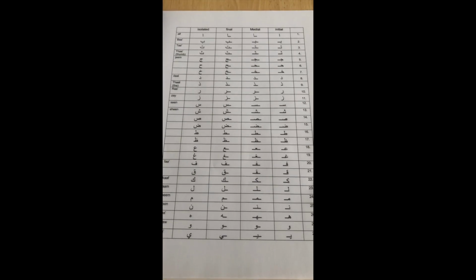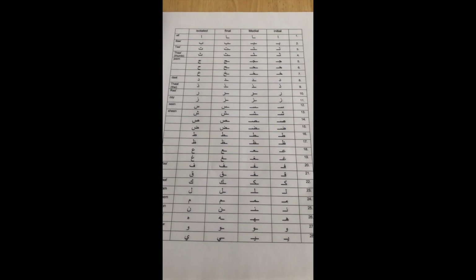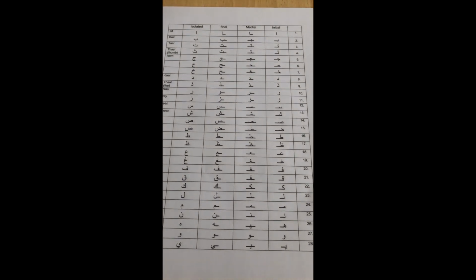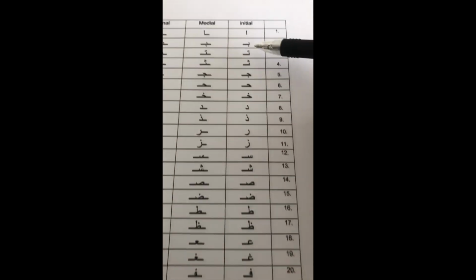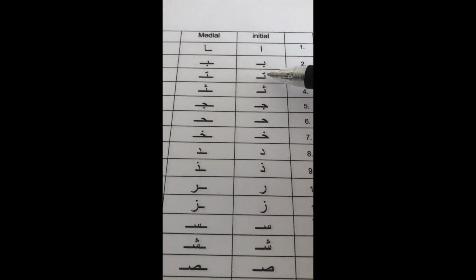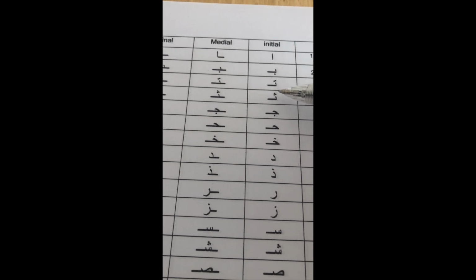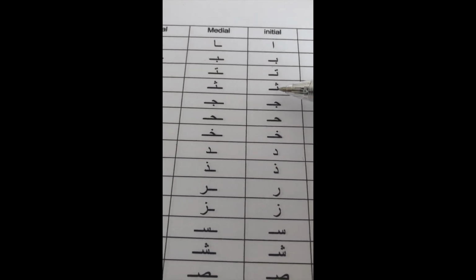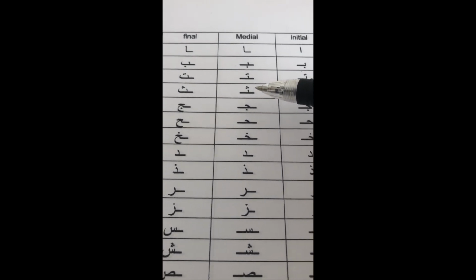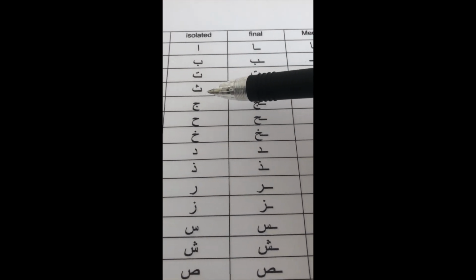You might ask why you divide the Arabic letters into groups. The answer is that each group consists of letters having exactly the same shape. Let's take these 3 letters as an example. As you can see, ba, ta, tha in an initial position or an initial form are identical, and that's exactly the same in the medial form and final form and even isolated form.